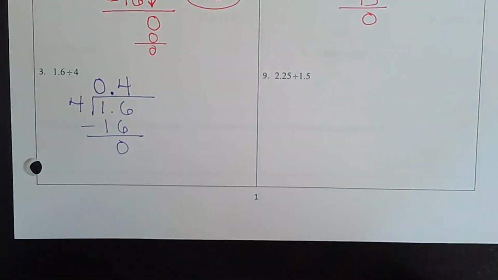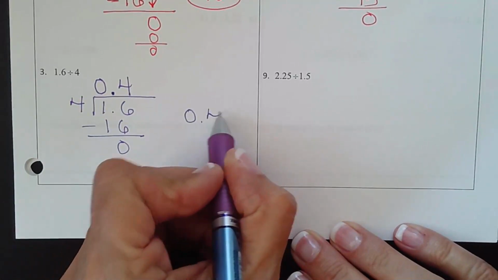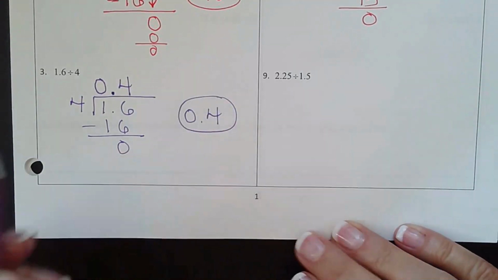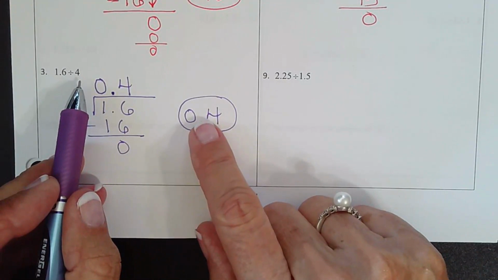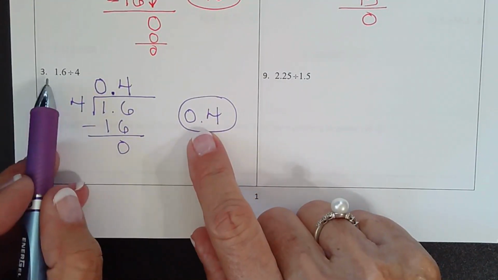So I can see your answer should have been 0.4. Remember, all you have to do to check it is multiply these two, and you should get that answer.